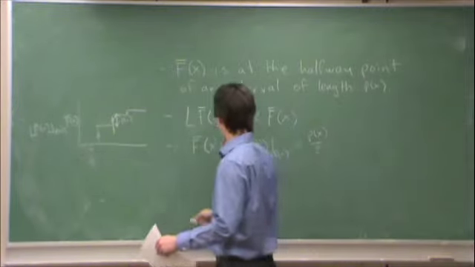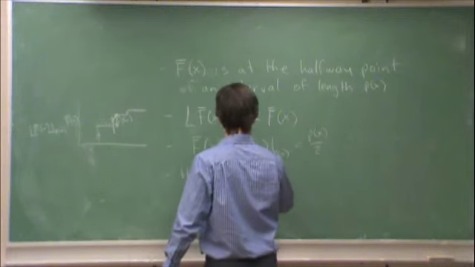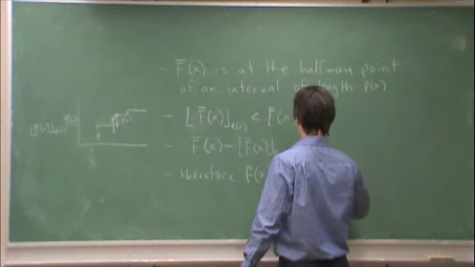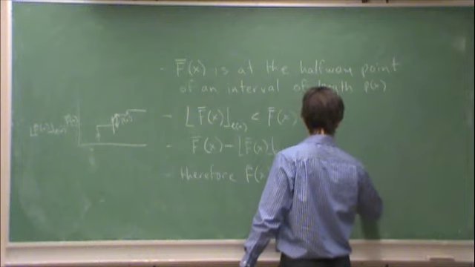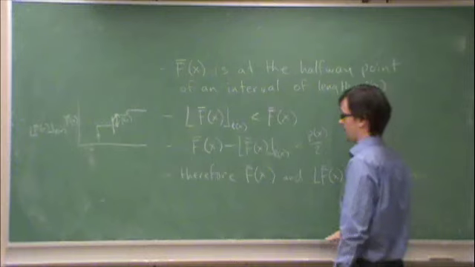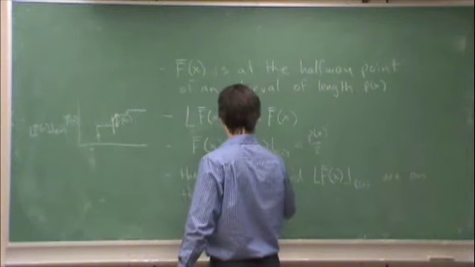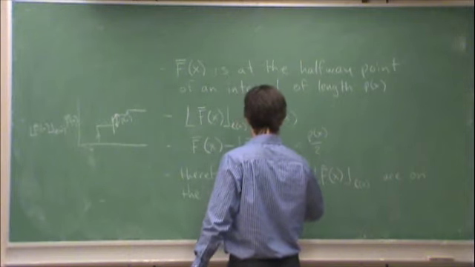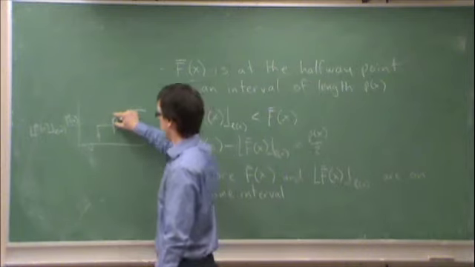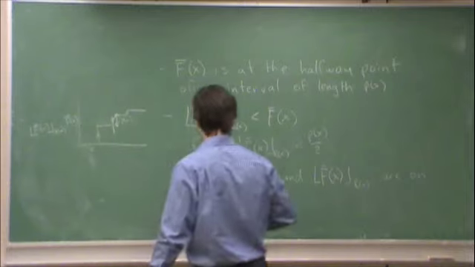Therefore, f bar of x and floor f bar of x sub L of x are on the same interval. Furthermore, all of these intervals must be disjoint because, as I argued before, probability is increasing.